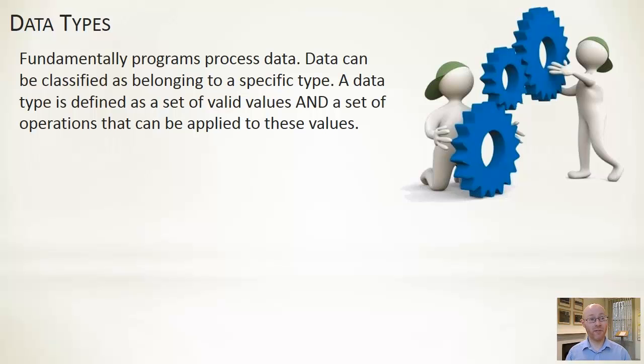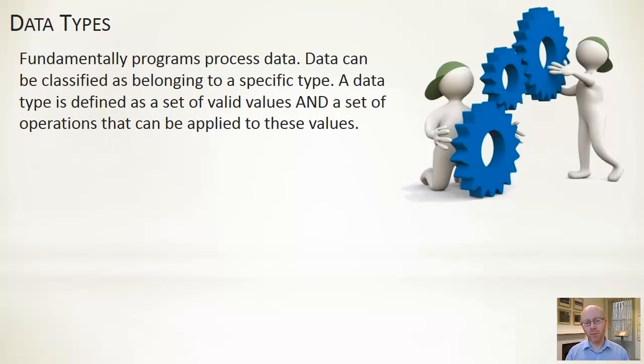Actually, taking a step back, it is useful to think about this generically. When we talk about different types of data, if we were to ask a more fundamental question, what is a data type? We can define a data type as comprising two different parts. If we want to specify a data type, what we need to have available is a list of valid values, if you like, instances of a valid instance of a particular type of data.